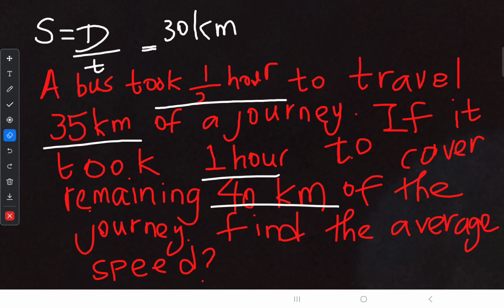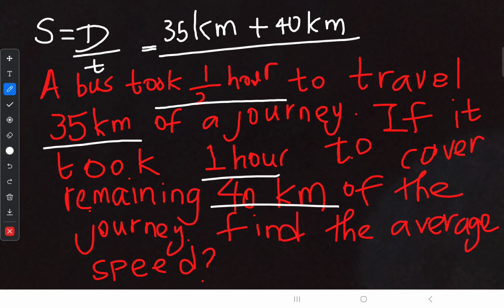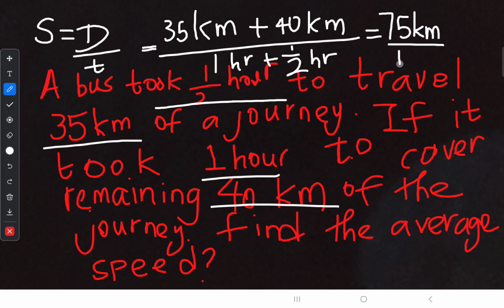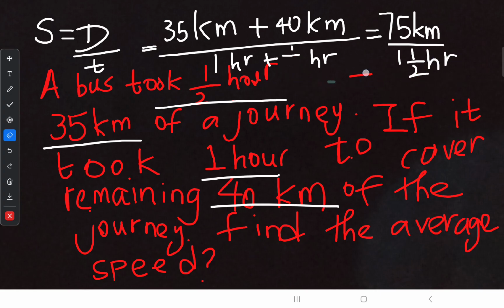35 kilometers plus 40 kilometers upon the sum of time, 1 hour plus half an hour. Totally it's 75 kilometers divided by 1.5 hours.